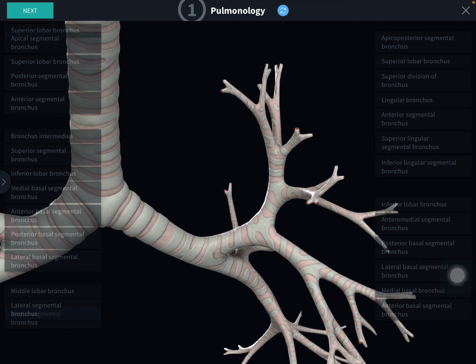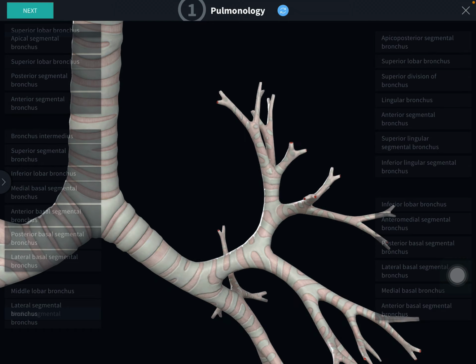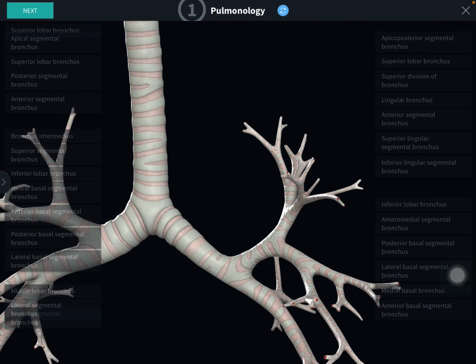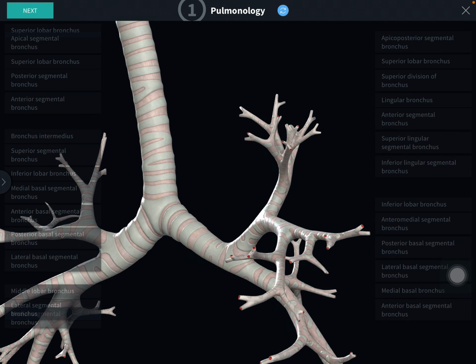Sometimes they may arise separately. The descending branch subdivides into upper and lower lingular bronchi to supply the lingula, same as the middle lobe of the right lung. The lingular tertiary bronchi are upper and lower, whereas those of the middle lobe of the right lung are lateral and medial.